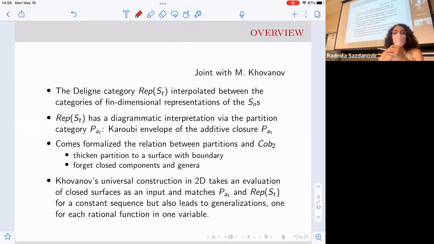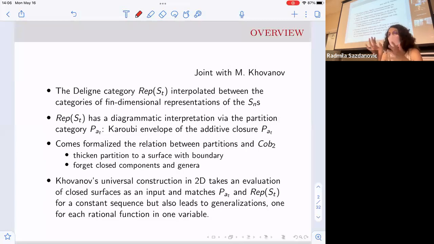So where does this relate to cobordisms? Well, Comes and other people have used the diagrammatic interpretation to relate the partition category and the Deligne category with two-dimensional cobordisms.